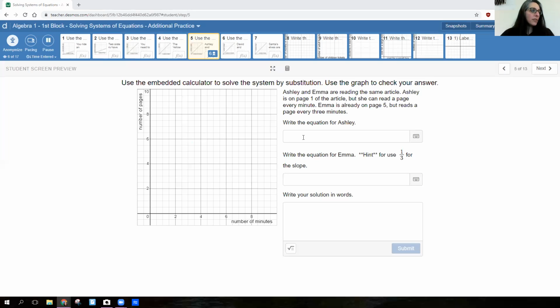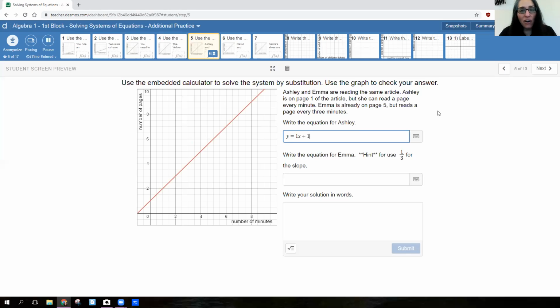So the first one would be y equals, she's reading 1 page per minute. So that's like 1x or just x plus, now she actually is on page 1. So I'm going to say plus 1. Some people may argue that page 1 means that she's just starting the article, so we'll just put a 1 there just to be consistent.